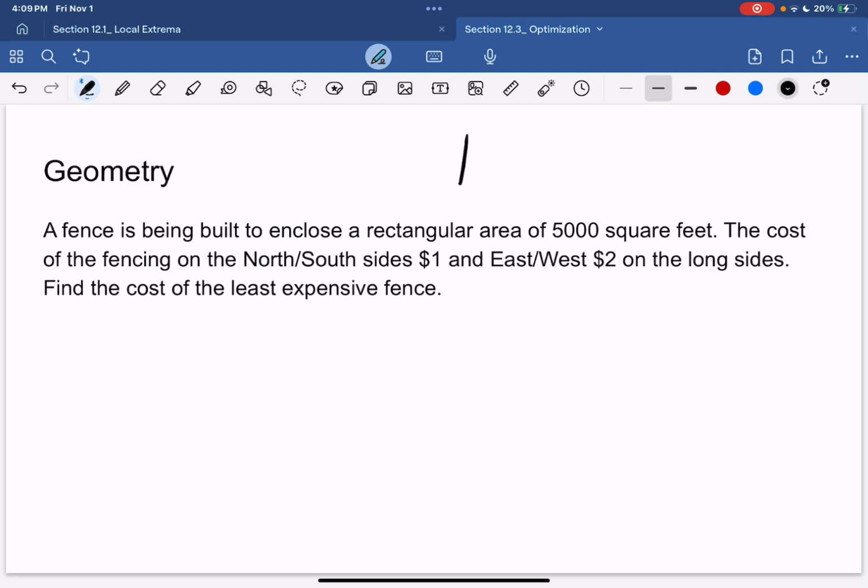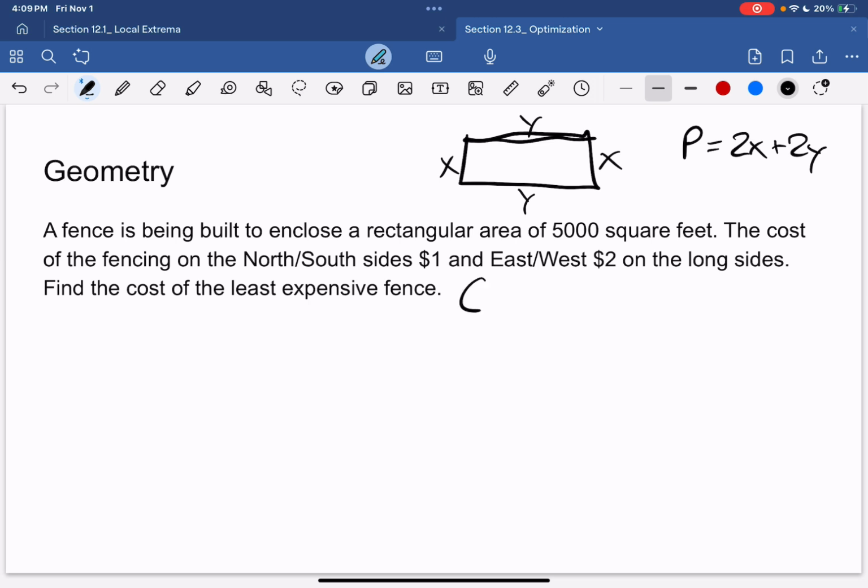Our fence is going to look something like this, a rectangle. We'll say the short side is X and the other side is Y. It really doesn't matter, but that's what we'll say. The perimeter is equal to 2 of the X values plus 2 of the Y values.